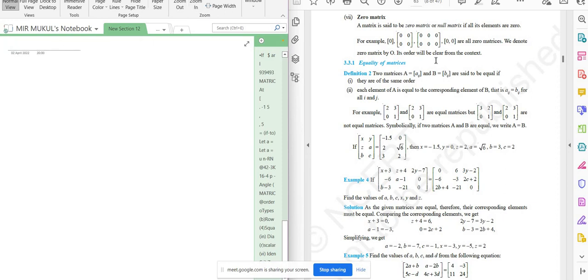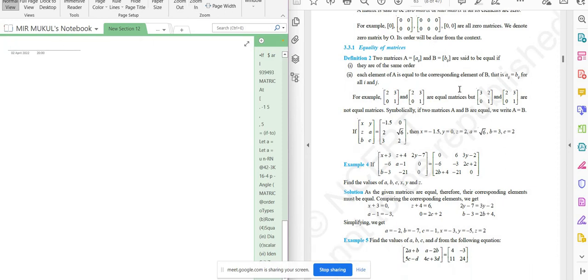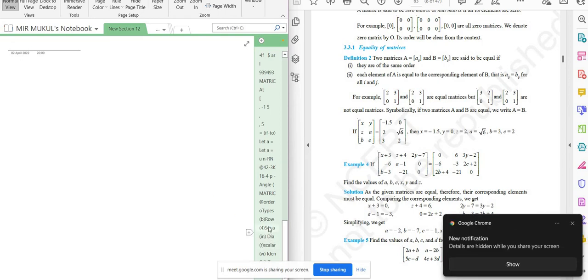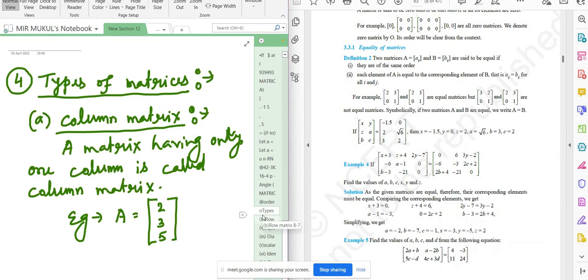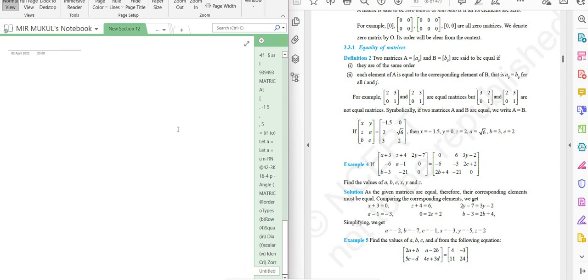Now, equality of matrices. Next concept. Sir, can diagonal elements be 0? In a diagonal matrix, yes, it may be, because the diagonal matrix condition is only that non-diagonal elements will be 0.